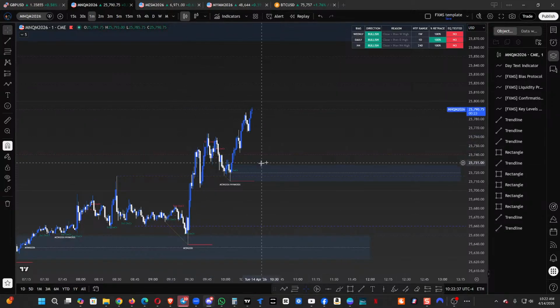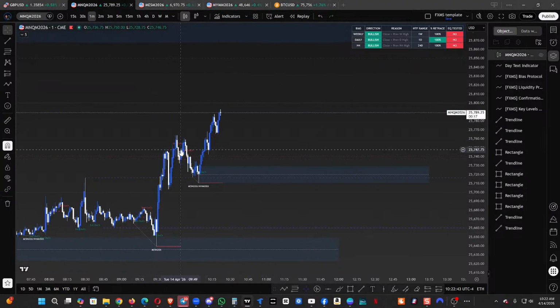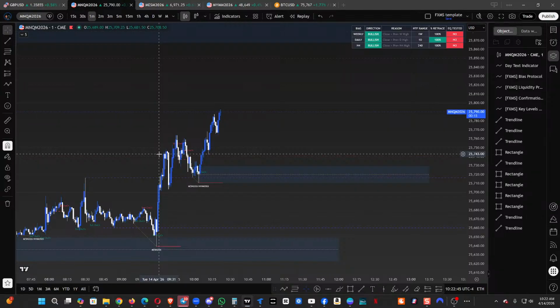Yep. So we're getting into where it's going to probably start to consolidate, right? So, I mean, the opening move, excuse me. Sorry. The opening move was this big move right here, right? It was about 100 points.